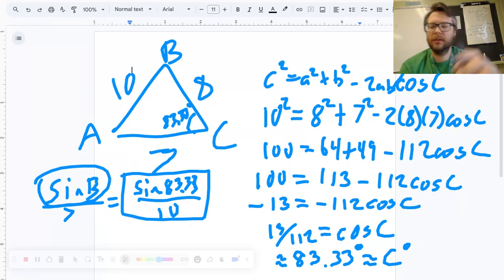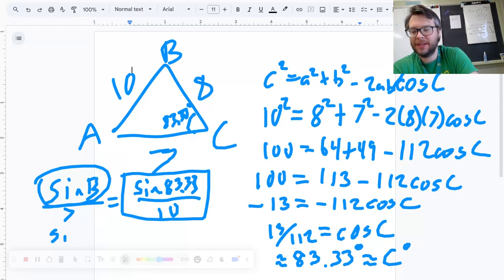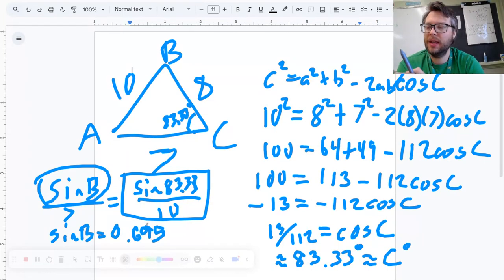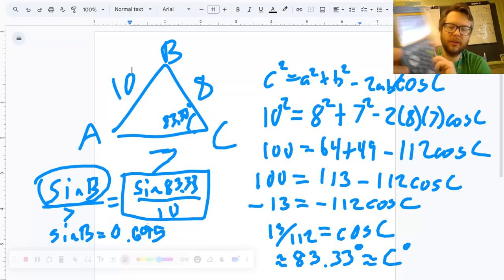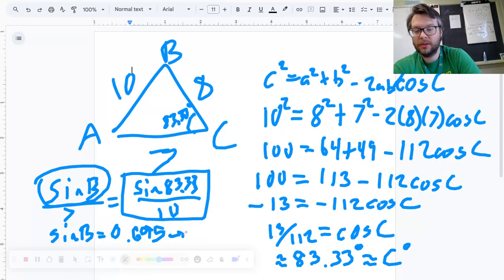Now that answer is what sine of B is equal to. So sine of B is equal to this nasty decimal, 0.695. So I do inverse sine of that answer, and that gives me the second angle. So B is approximately 44.05.